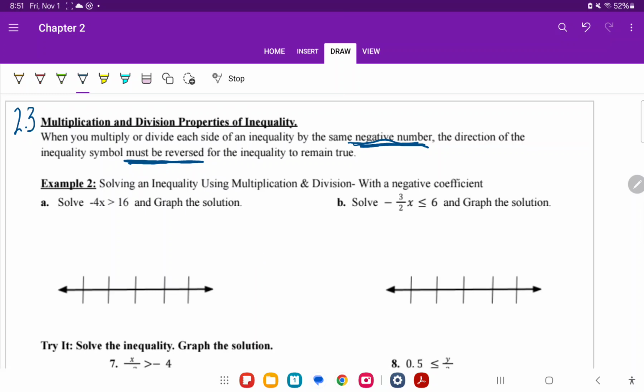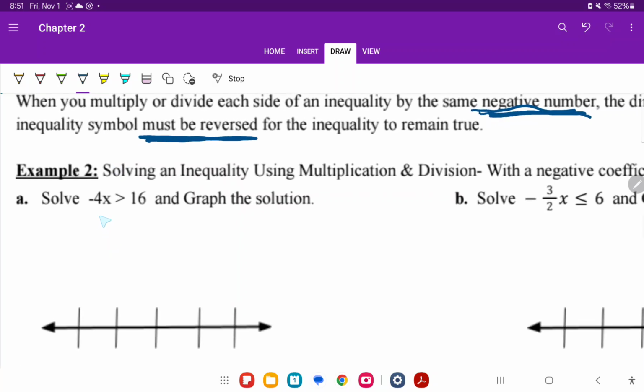If we look at number 1, solving an inequality using multiplication and division with a negative coefficient. On this one, we have negative 4x is greater than 16. To solve this, we would divide by the negative 4. Divide by negative 4 on both sides.